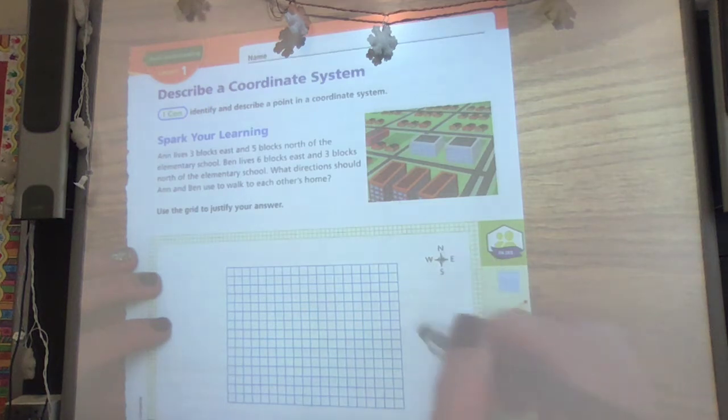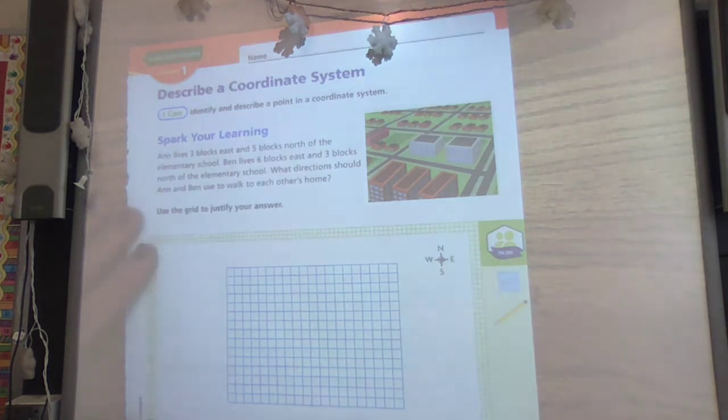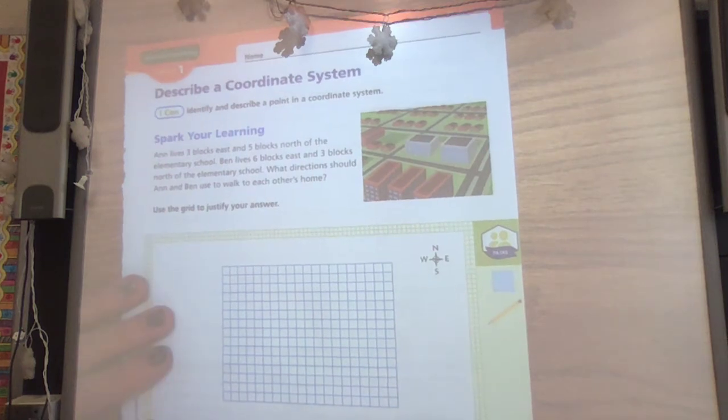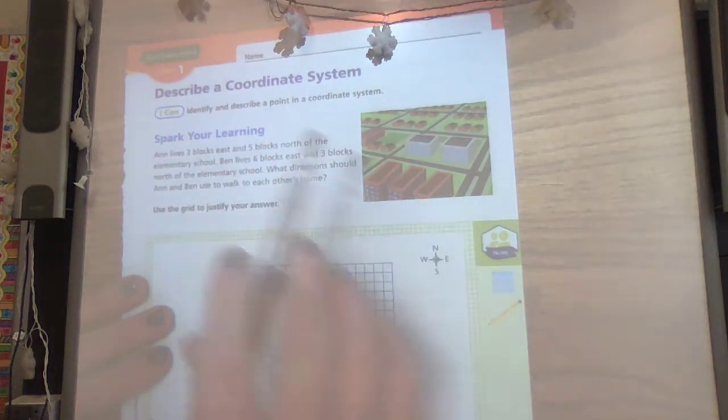You may remember "Never Eat Soggy Waffles" to remember how the directions go. So we are going to talk about those cardinal directions, and that's going to help us as we start to use coordinates.